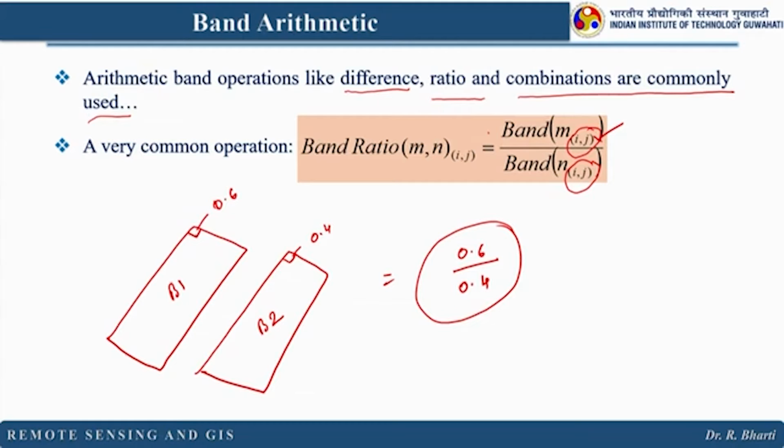If somehow you mistakenly use a different value to divide the first pixel of band 1, let us assume 0.5, and you have wrongly used 0.5, then the result will be invalid, because that will enhance something else, not your target. So it is very important to take care of the location of the pixel.